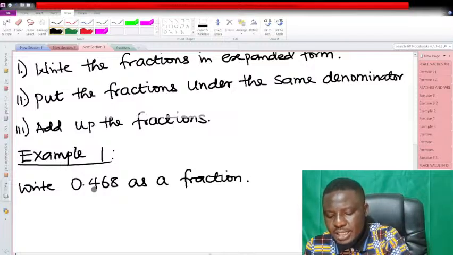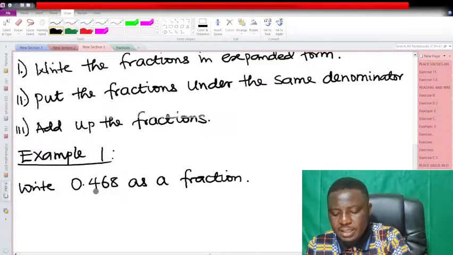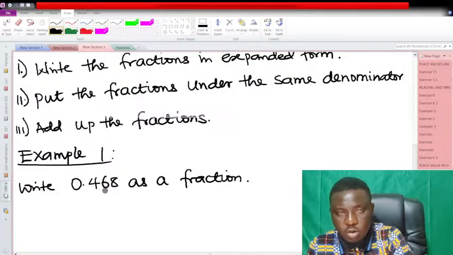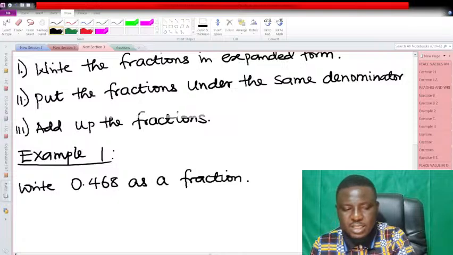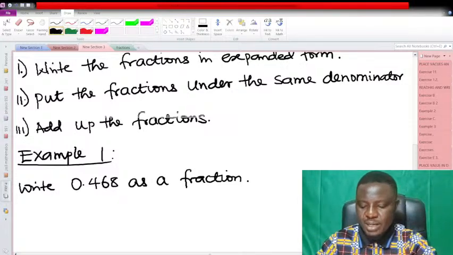Remember, we said 4 is occupying the 10th place value, 6 is occupying the 100th place value, and 8 is occupying the 1000th place value.